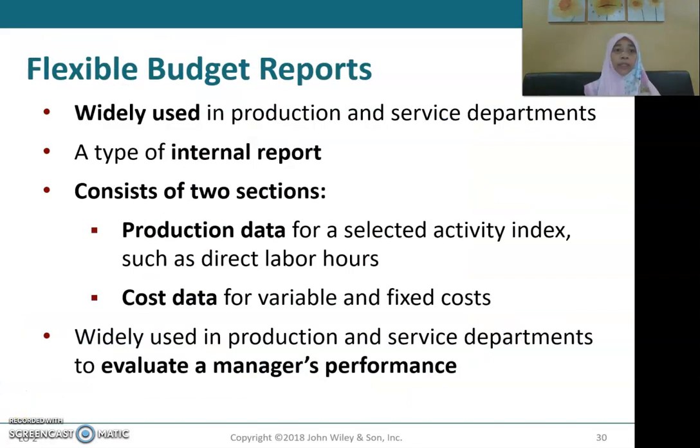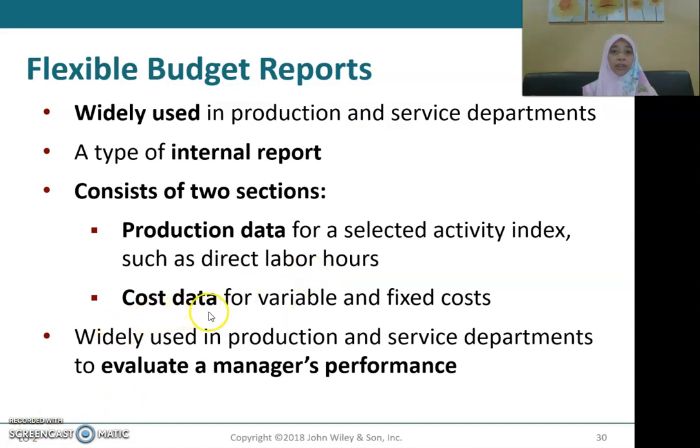From here, you can see that the flexible budget report is widely used in production and service departments, a type of internal report, and it normally consists of two sections: the production data for a selected activity index. In this case, your activity index is your direct labor hours. It can be the number of units produced and so on.